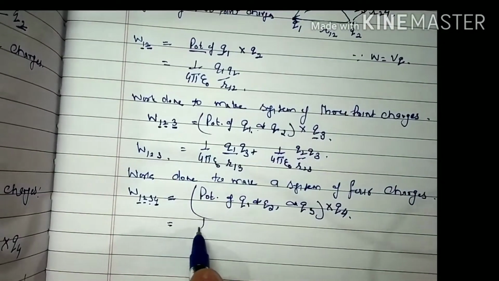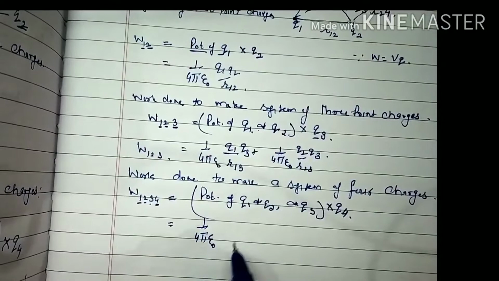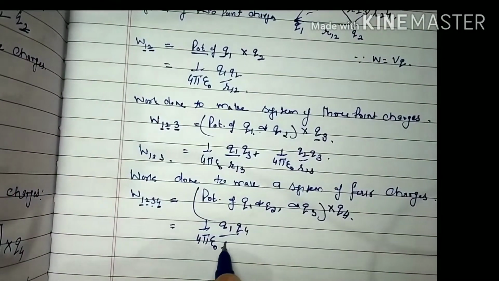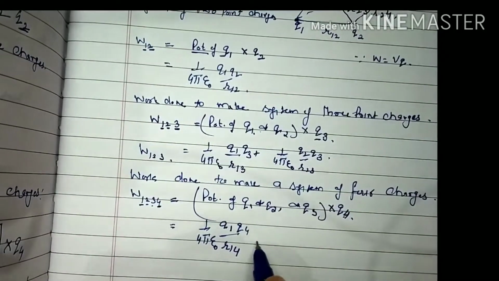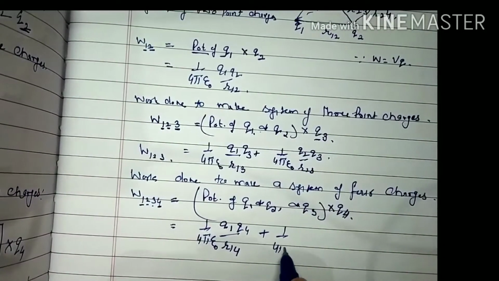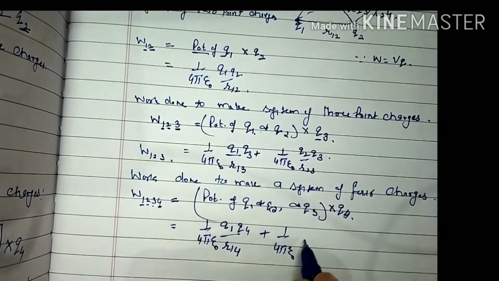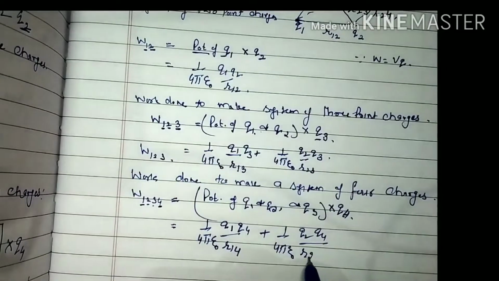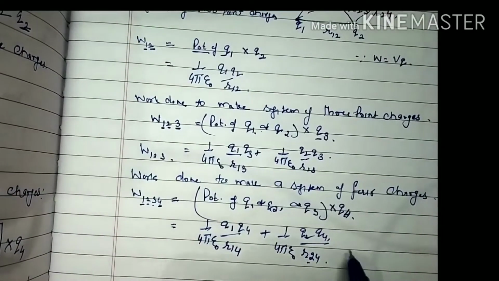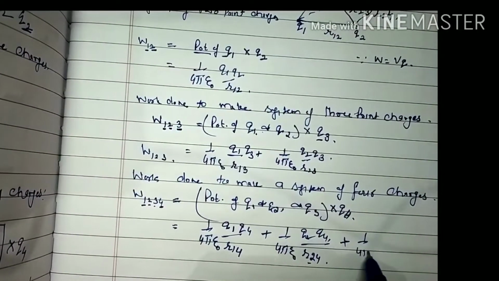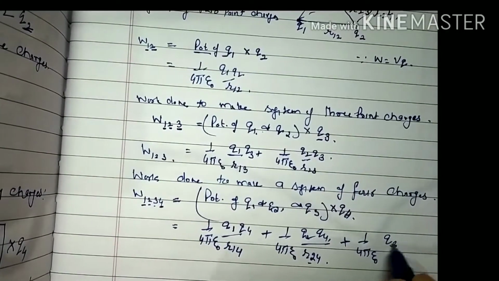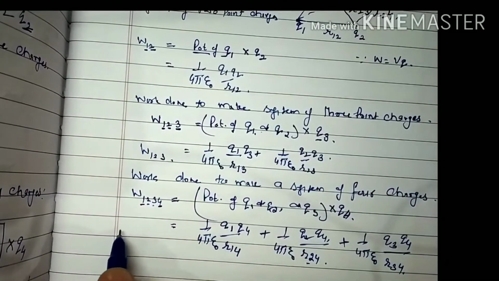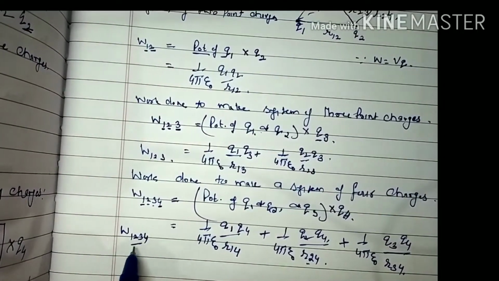We write 1 upon 4 pi epsilon Q1 Q4 over r14, plus 1 upon 4 pi epsilon Q2 Q4 over r24, plus 1 upon 4 pi epsilon Q3 Q4 over r34. Very simple. This is W1234.